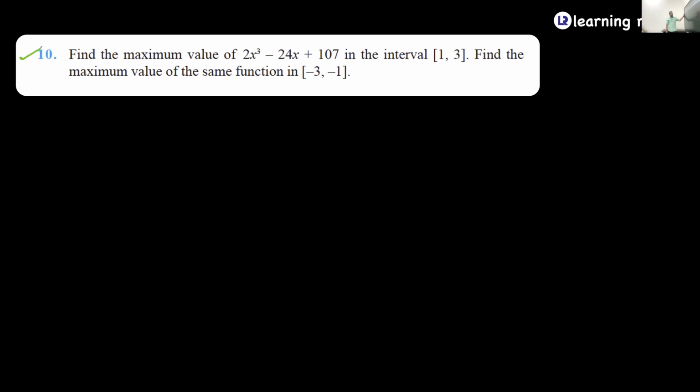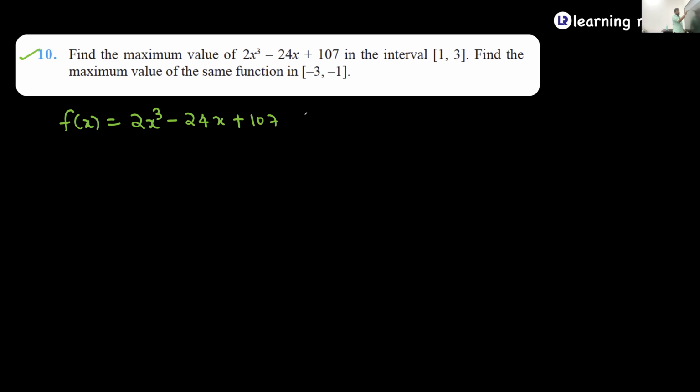Find the maximum value of the same function in minus 3 to minus 1, where in both the cases, the intervals are closed. Okay. So f of x is equal to 2x cube minus 24x plus 107.